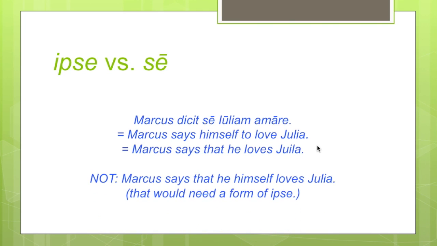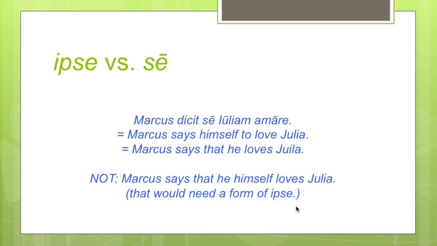This does not mean that Marcus says that he himself loves Julia. That would be an intensive, but this is a reflexive. That is a wrong translation. This sentence merely means Marcus says that he loves Julia. If you wanted to say that Marcus says that he himself loves Julia, you would have to use the intensive pronoun, and you'd have to have some form of ipse.